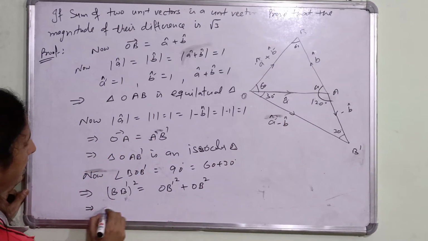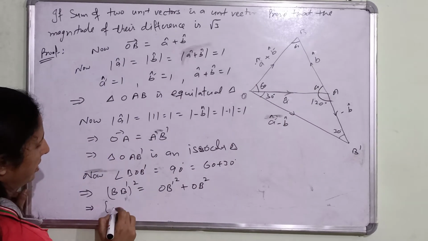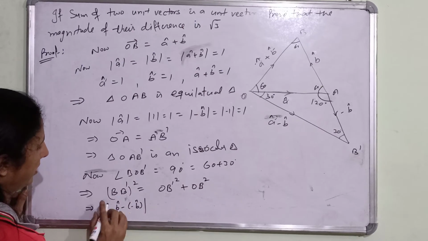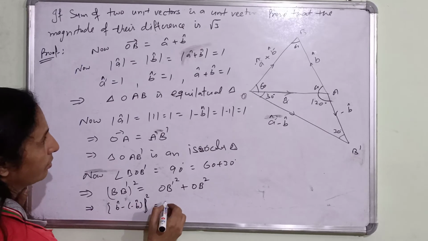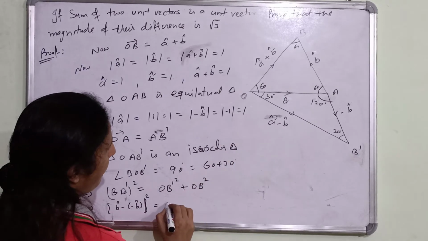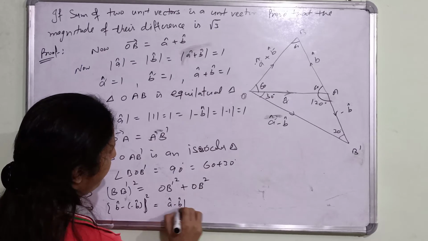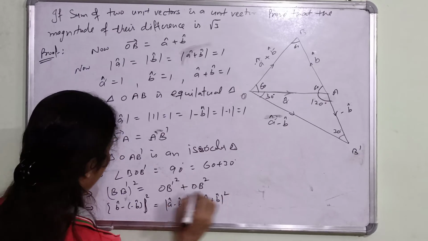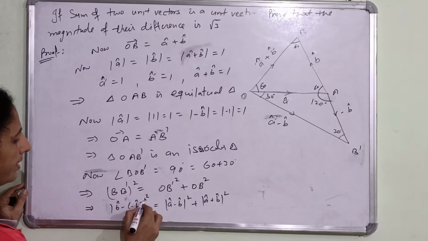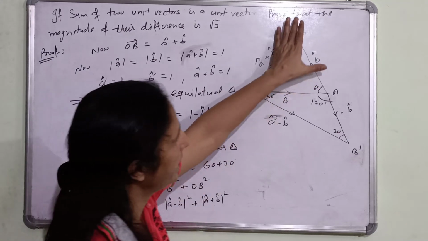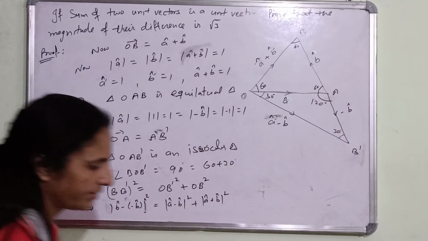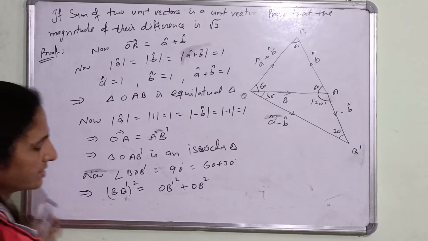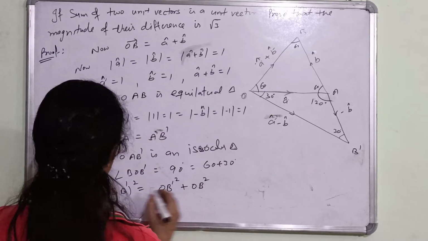Now BB dash means B unit vector minus of minus B unit vector, square, is equal to OB square, and that is A unit vector plus B unit vector, square, and it is this square. If it is not understood, I can write it this way. Because space is less, it is difficult, so I'll write here.